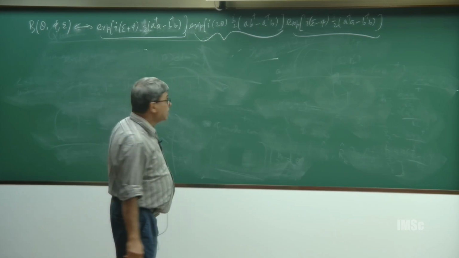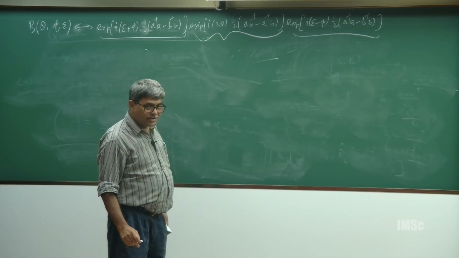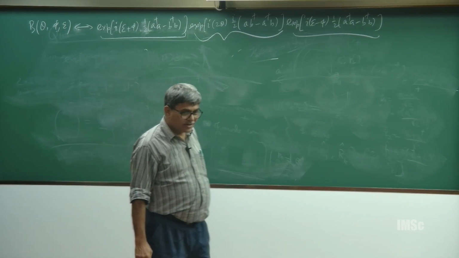We have ignored the phase terms. Of course, they will come, but now I am only considering beam splitter action. If you want to consider phases, you will have to take that.